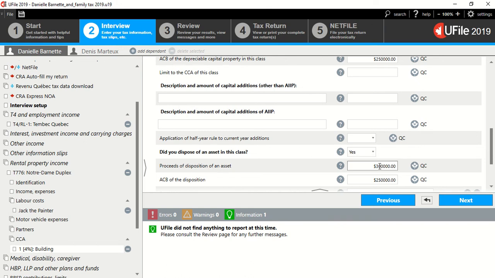Proceeds of disposition was 300,000. Now this is the specific amount attributable to the building. It's not the entire amount. And this cost as well is applicable to the building, and the reason why this is done is because you have to separate the cost and the proceeds attributable to the land and to the building into two separate transactions.